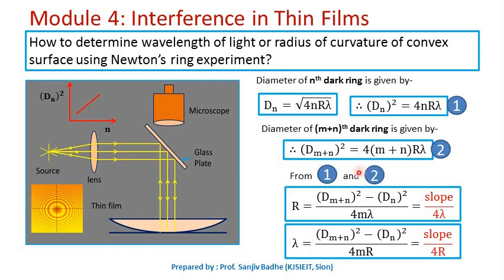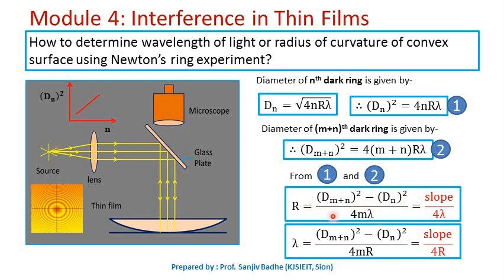In fact, in an experiment, we will try to find out diameter of number of rings, and then we will plot the graph of dn square versus n. The graph will be linear and the slope of that graph will be equal to dm plus n square minus dn square upon m.